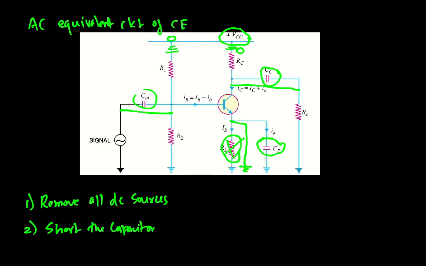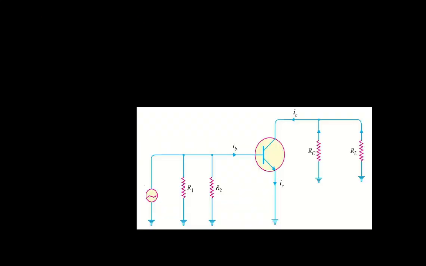So the resulting AC equivalent circuit of a common emitter transistor amplifier will be as shown in this diagram. One end of R1 is connected to the base and the other end is grounded. One end of R2 is also connected to the base and the other end is grounded. Also the emitter terminal is shorted, so there is no current through RE, and we can remove RE and ground the emitter directly.